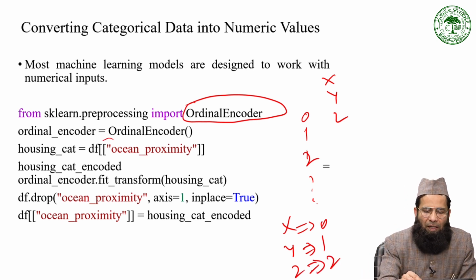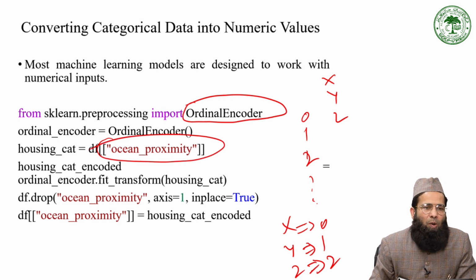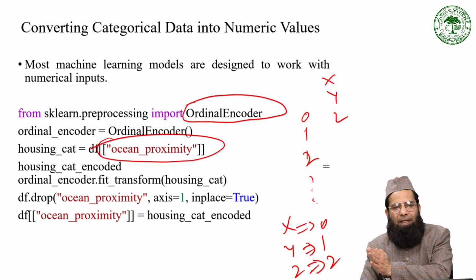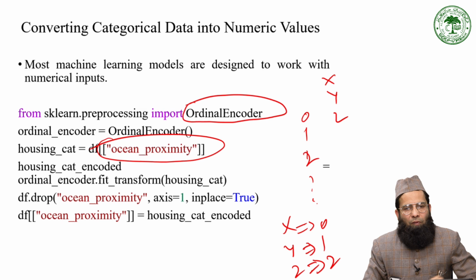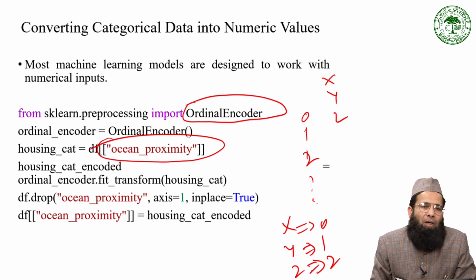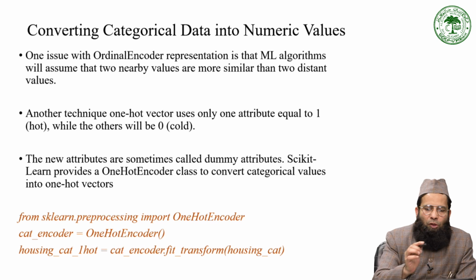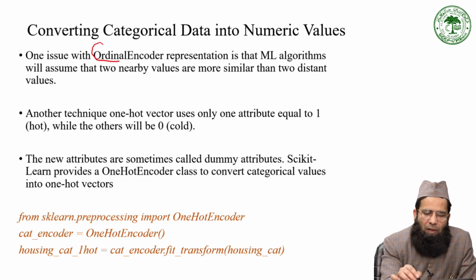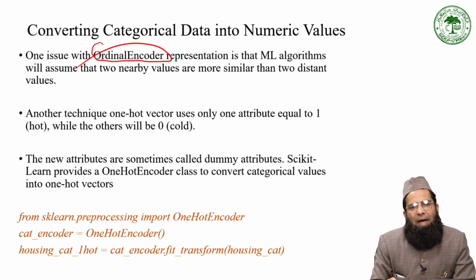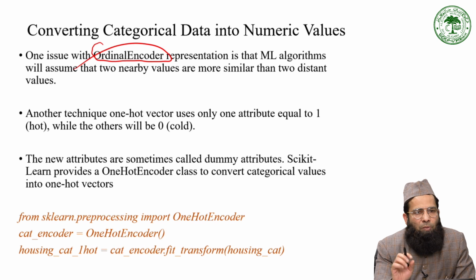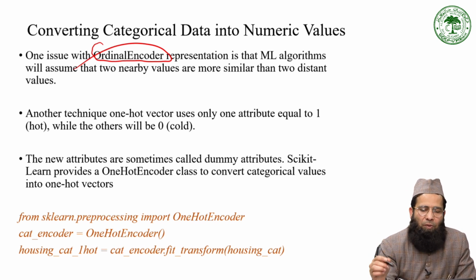So here I am trying to categorize ocean proximity, which has 5 different categories, so 0 to 4 would be assigned to this particular feature. And one issue with ordinal encoder is that machine learning algorithms will assume that two nearby values are more similar than two distant values.